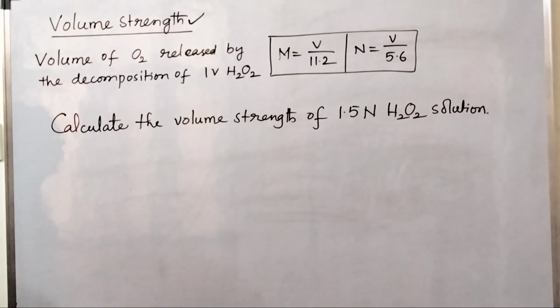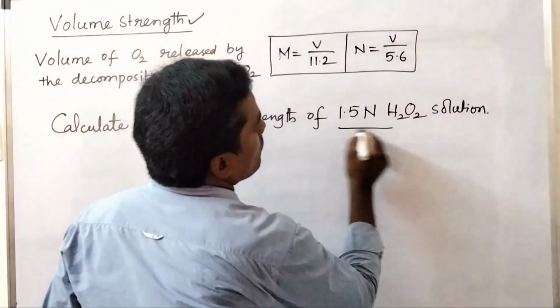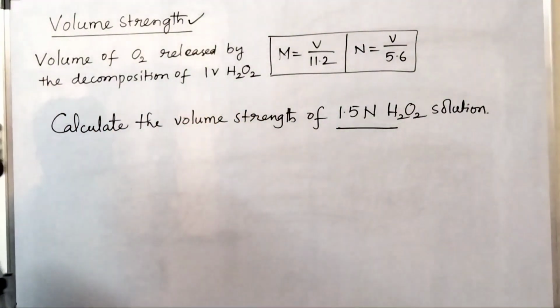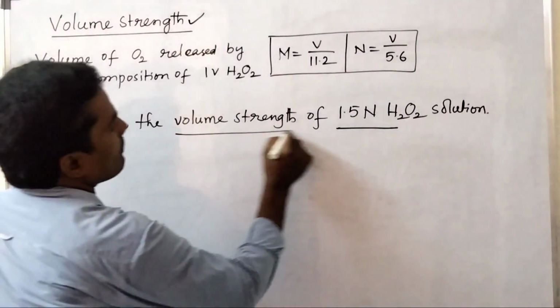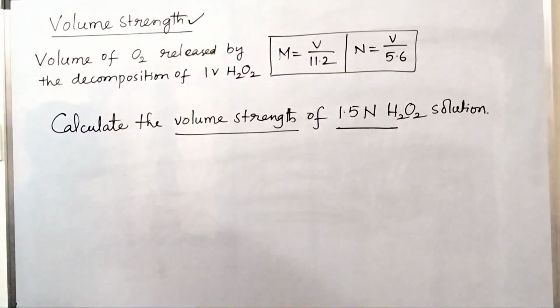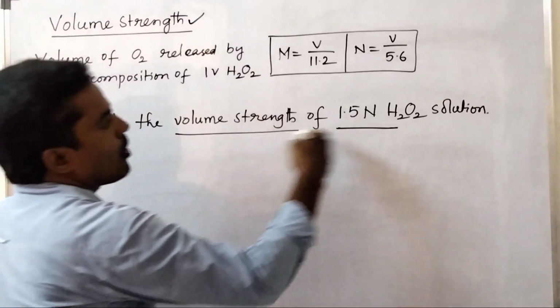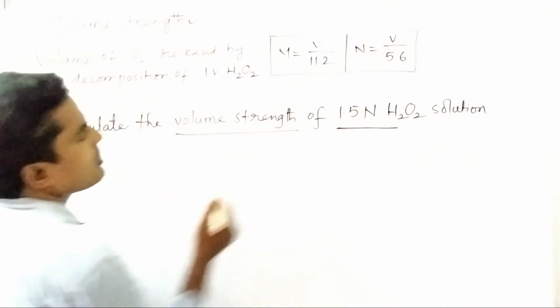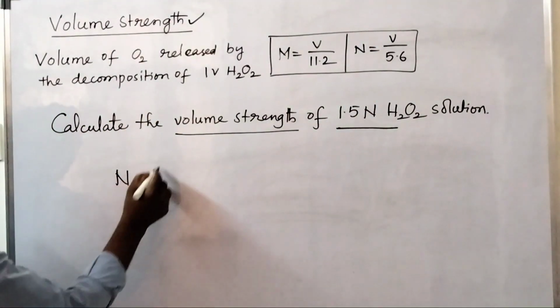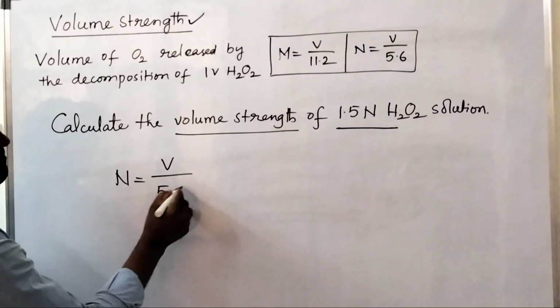Calculate the volume strength of 1.5 N H2O2 solution. Here normality is given. We need to calculate the volume strength of that solution. We know the relation between volume strength and normality: normality equals volume strength upon 5.6.